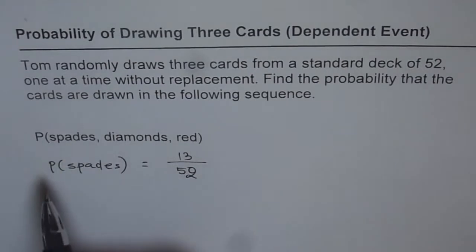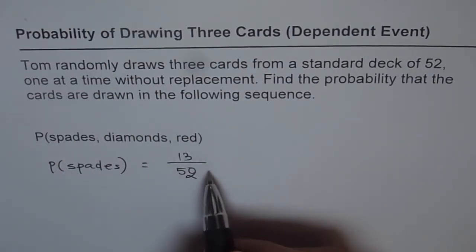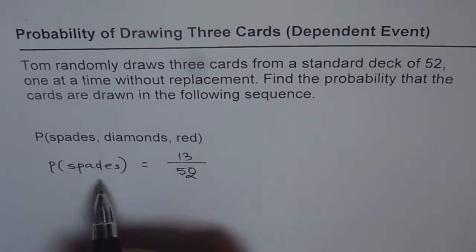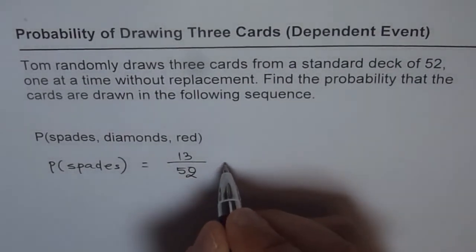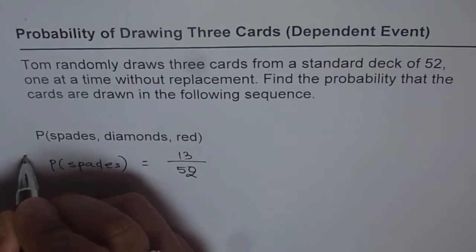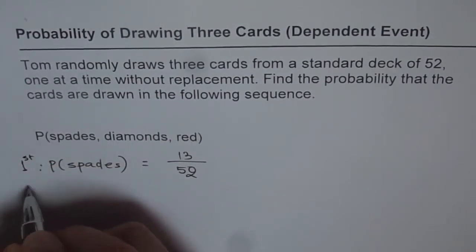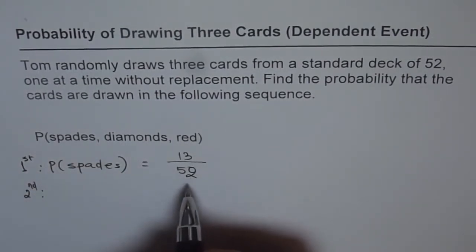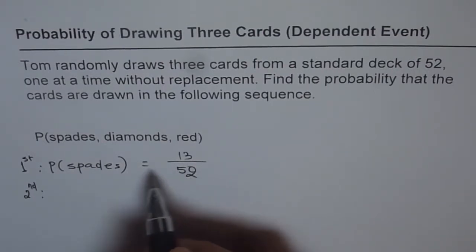Now the card is not replaced. We have already drawn one. So this is our first draw. Let me write first draw, right? And now for the second, we are left with how many? We are left with 51 since one card has been drawn, right?